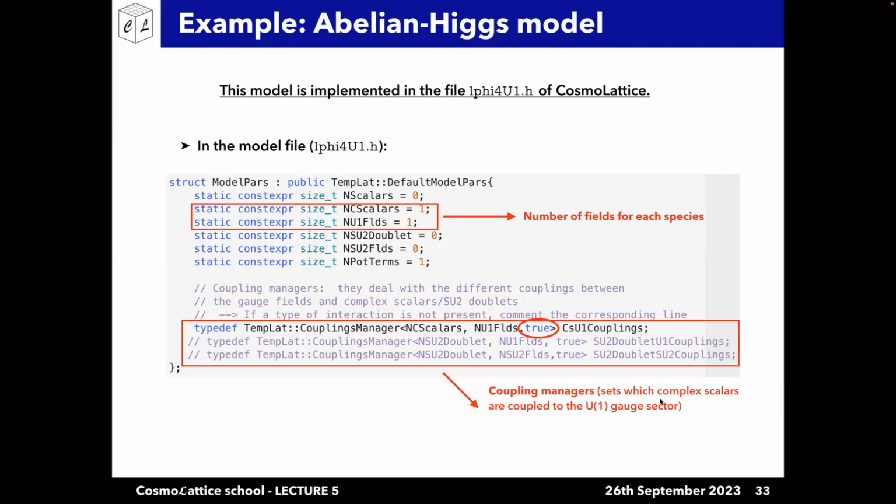Basically, this function deals with which complex scalars are coupled to the gauge sector, because in principle we can have complex scalars that are not coupled to gauge fields. So we need to call this function and activate it to true. Just let me clarify that this model file is also given by default in CosmoLattice. If you have downloaded the code, you should have a look.